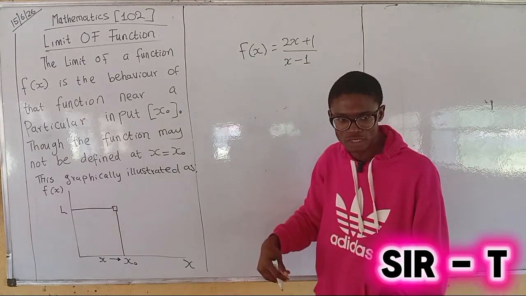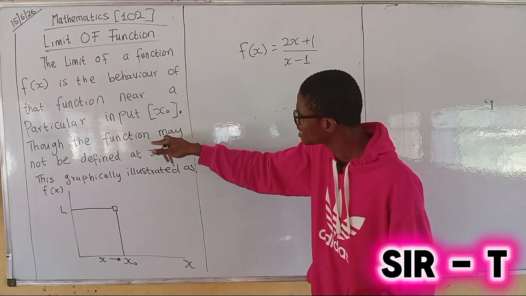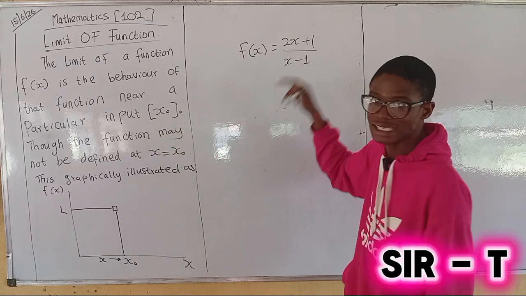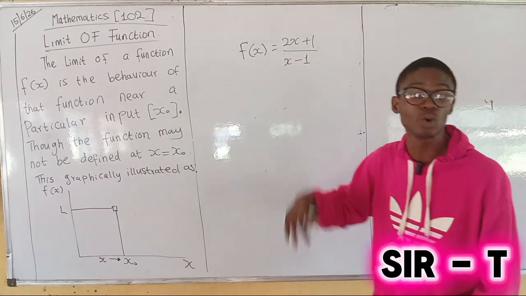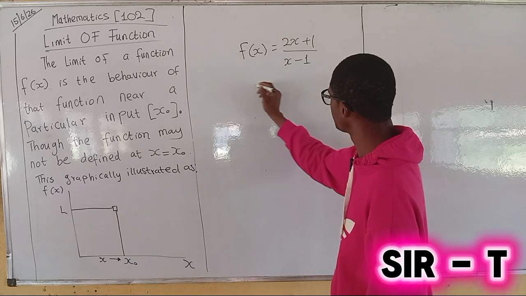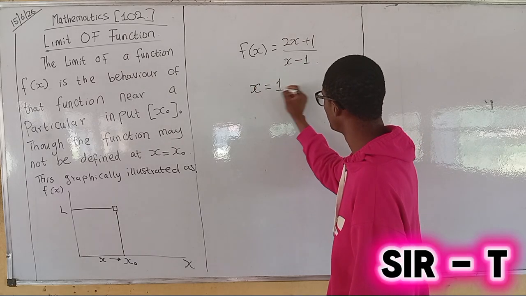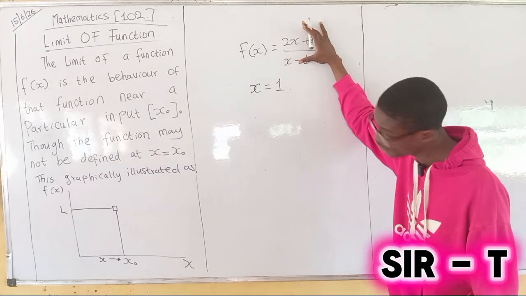Since it cannot be defined at x naught, which in our case is 1, we can now find the behavior of this function as x is set to be something close to that x naught. If we say let x equal 1, this function, as we have seen so far, is undefined.